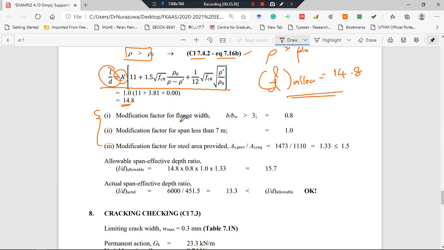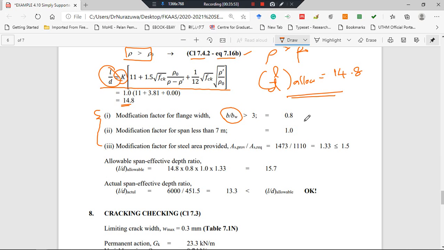The first one is the flange width. If this ratio, b over b web, is more than 3, you need to modify this 14.8 with 0.8.